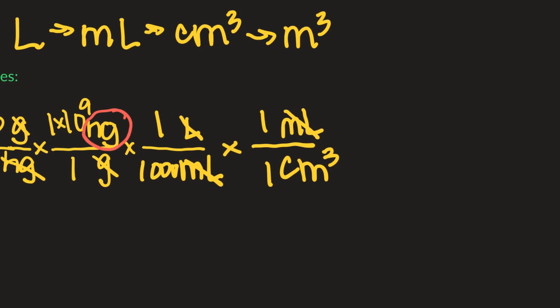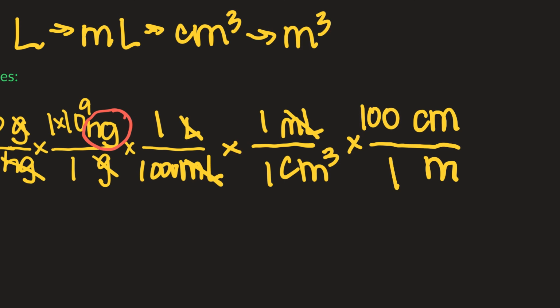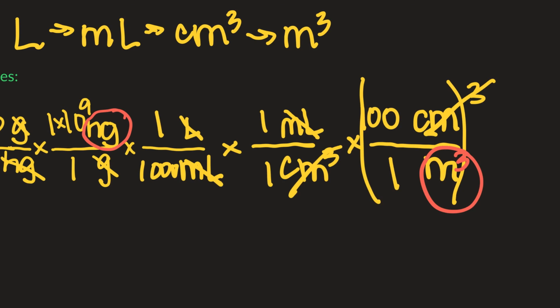But I don't want centimeters cubed, I want meters cubed. So finally, centimeters goes on top, meters goes on the bottom, but I want it cubed. Before I cube it, I put a 1, 100, right? Now I cube it. And now I can cancel that out. So now I finally have meters cubed on the bottom.